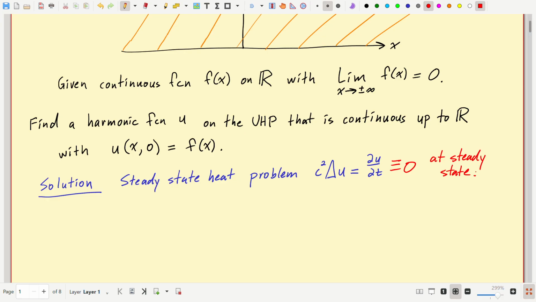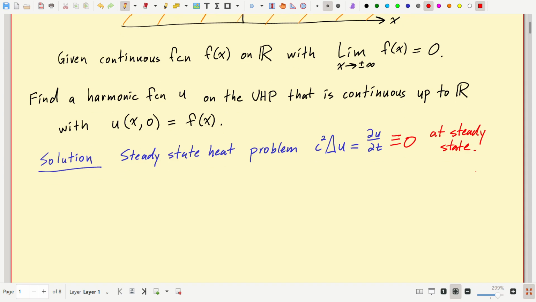And so the problem is the Laplace equation. So the key is finding a function u that satisfies the Laplace equation in the upper half plane. And we want it to have that boundary value.